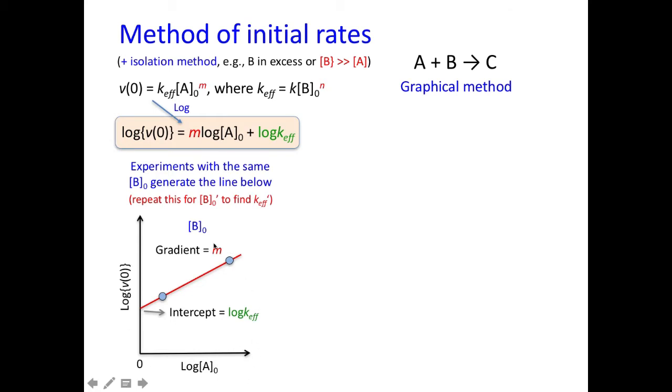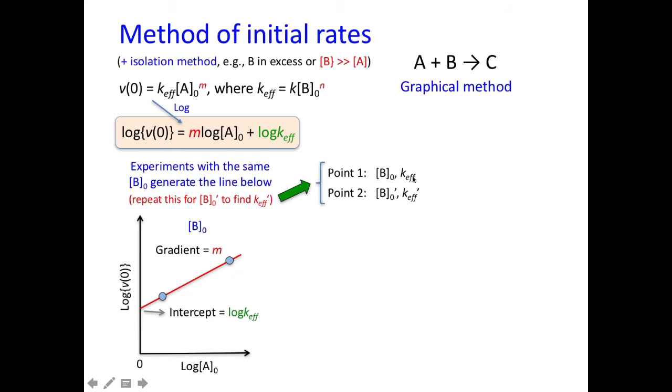We are going to get the same gradient M, but a different effective K, so that we find a new effective K. Now we have, for the previous B0 we used, the effective K, and for a new B0, I'm calling B0 prime, we find effective K prime.